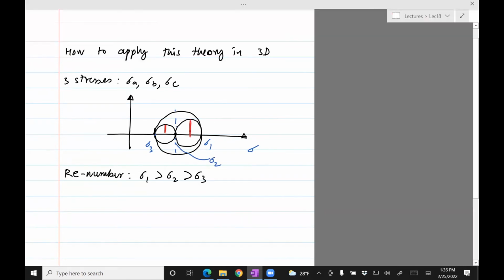Okay, here's another maximum shear stress, and here's the third maximum shear stress. Maybe its center is here. Okay, out of these 3 red lines, which are the 3 maximum shear stresses for the 3 circles, you can see that the maximum one is the one for the biggest circle. This is the one which determines failure.